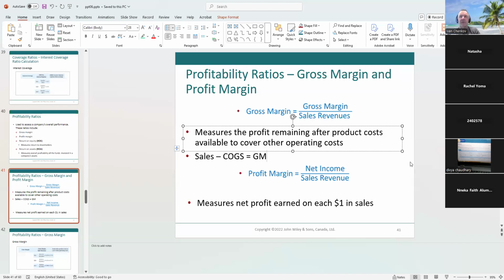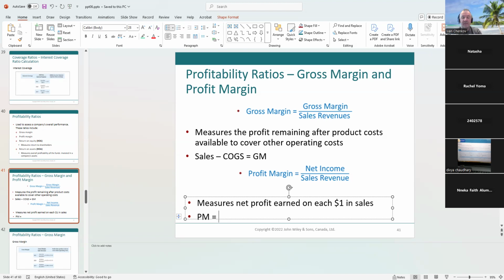Next thing that we have to chase is, once I get the gross margin, we're going to calculate the next, which is the profit margin. Profit margin will be equal to the net income, how much is the net income out of sales.